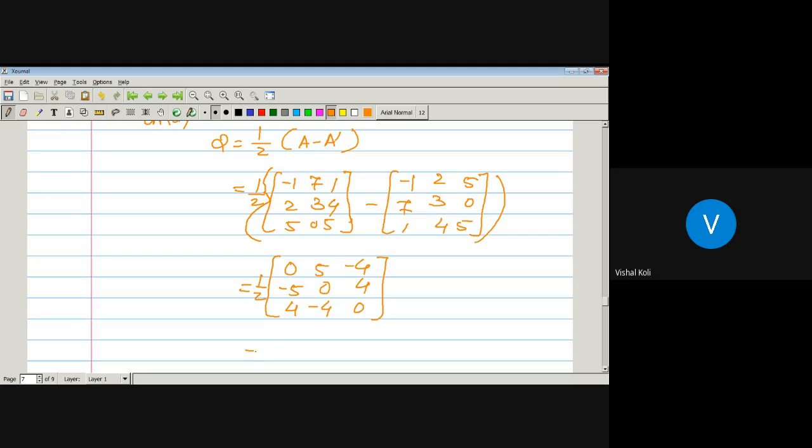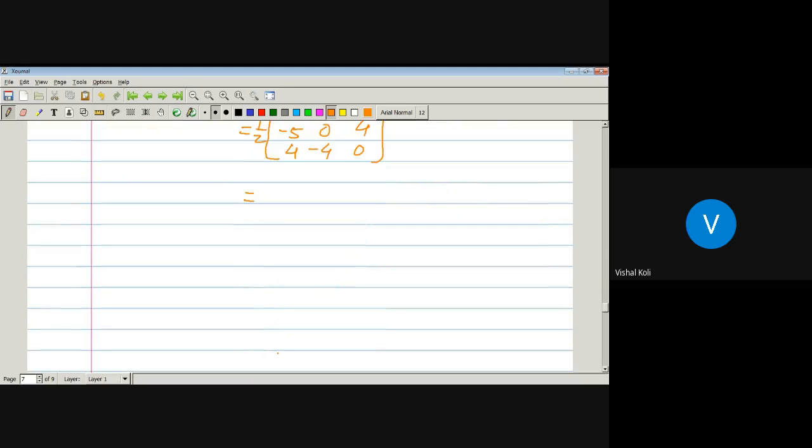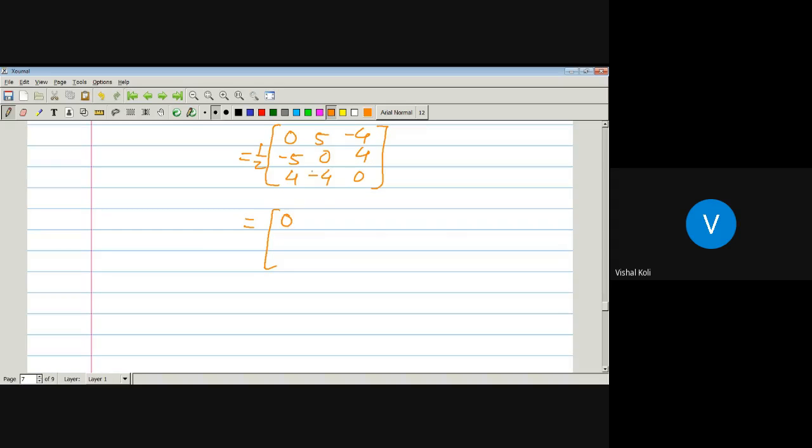So actually it is nothing but 0 upon 2 is 0, 5 upon 2, minus 4 divided by 2 is minus 2, minus 5 divided by 2, 0, 2, 2, minus 2, 0.